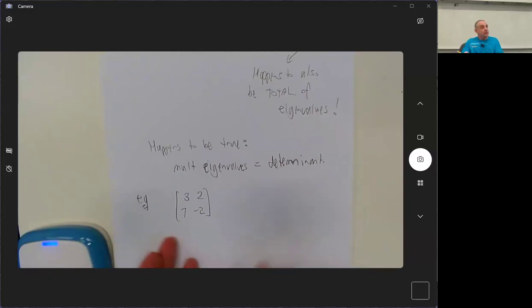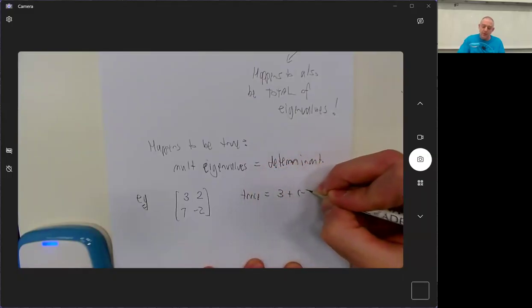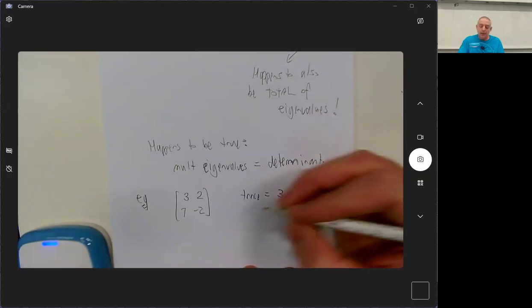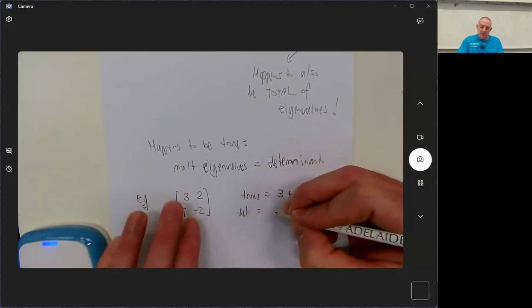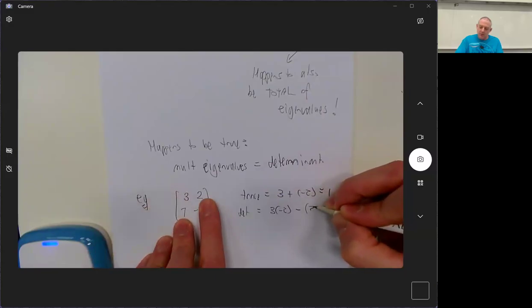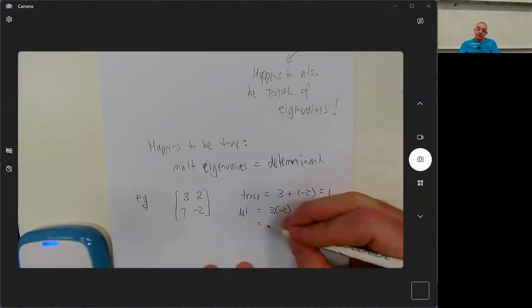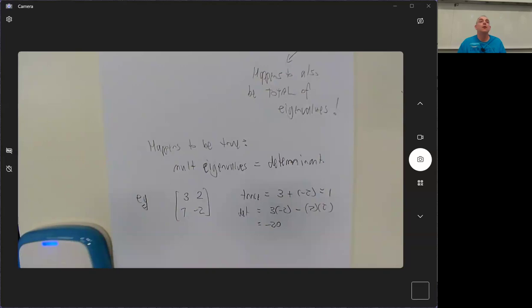Cool. Here's a matrix, and its trace is 3 plus minus 2, which is minus 1, and its determinant is 3 times minus 2 minus 7 times 2, which is minus 6 minus 14, minus 20. That's nice and round. Excellent.